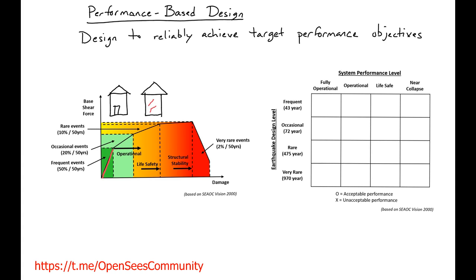And then as we increase to rare and very rare events, maybe we'll have near collapse but still allow people to get out, or the very, very rare, eventually we'll just have a pile of rubbish. We can also look at our performance-based design using this table on the left.